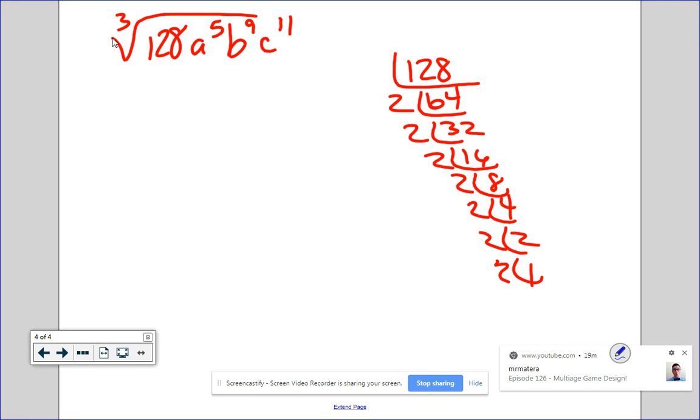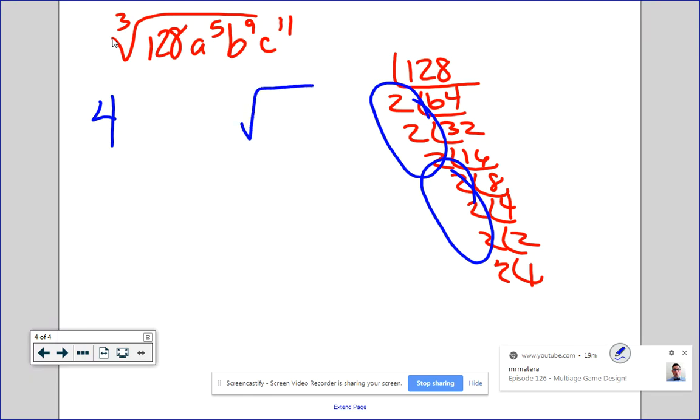And it's a third root, so I'm looking for groups of 3. 1, 2, 3. 1, 2, 3. So for the number, what do I pull out? 2 times 2, which is 4. So I have 4. And then what do I do with that lonely 2? It goes back in the radical, back in the fridge, right?